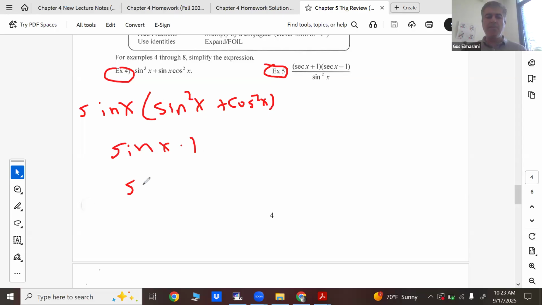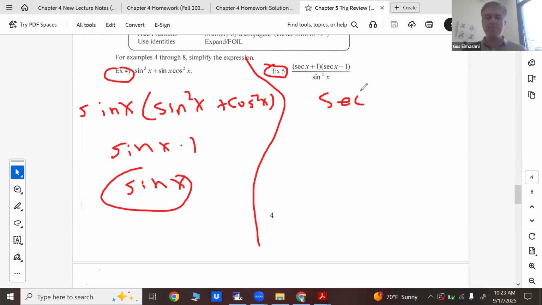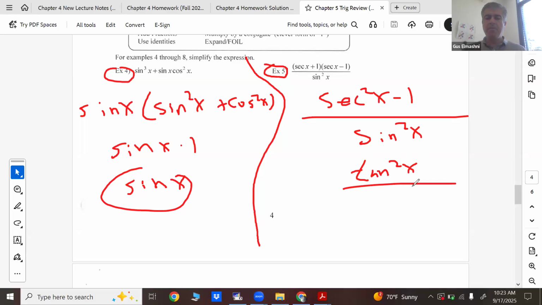Did you guys get sine x for example 4? Yeah.